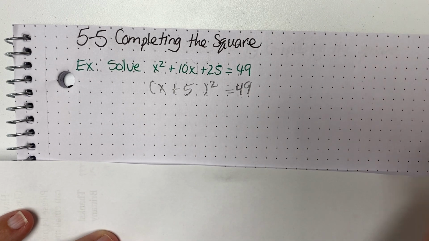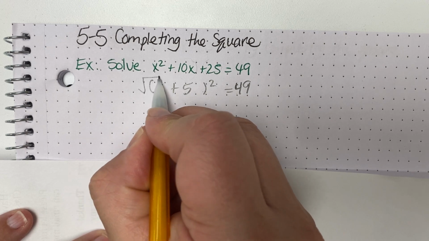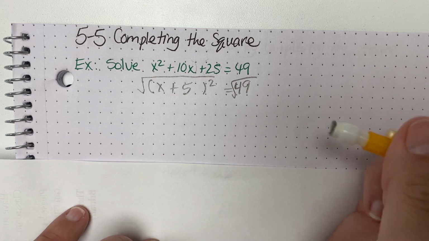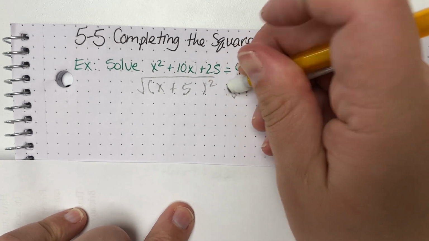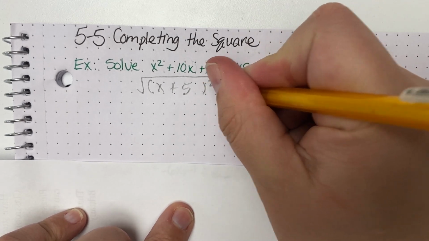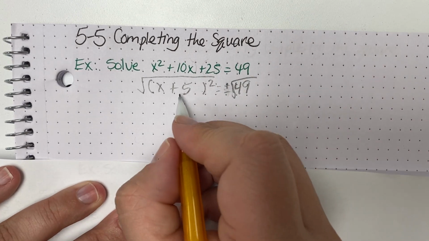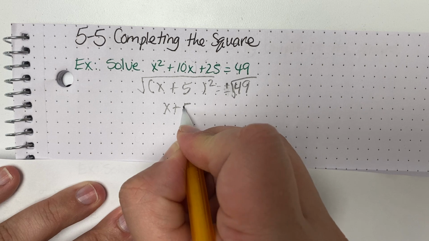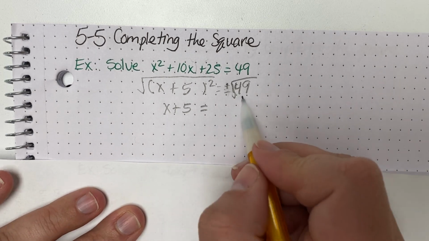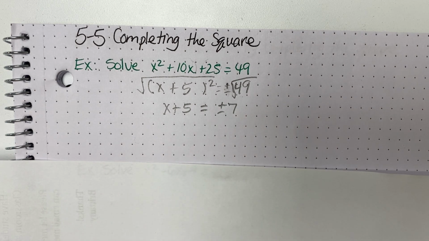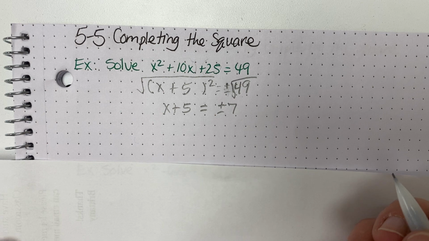Okay. If I were to solve this, then I could get rid of that squared by square rooting. When I square root that there, I need to make sure and add my plus or minus. My squared goes away, so I'll have x plus 5. The square root of 49 is 7, so I need to use a positive 7 and a negative 7 here.